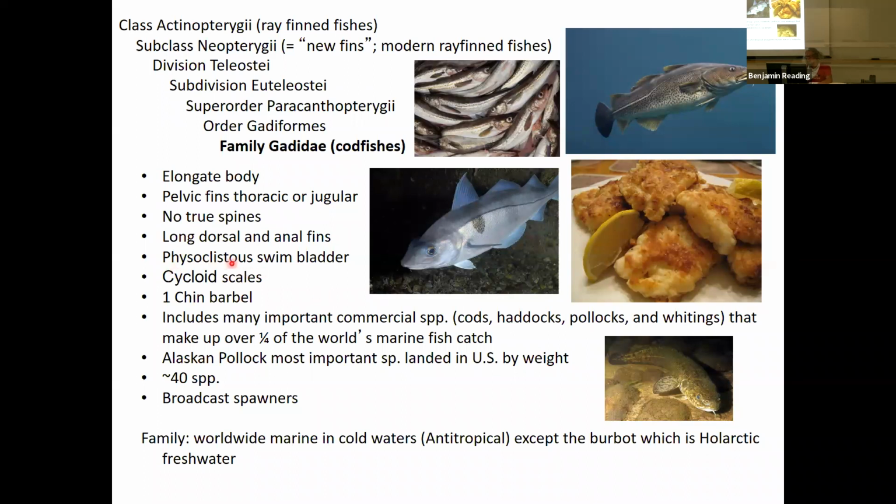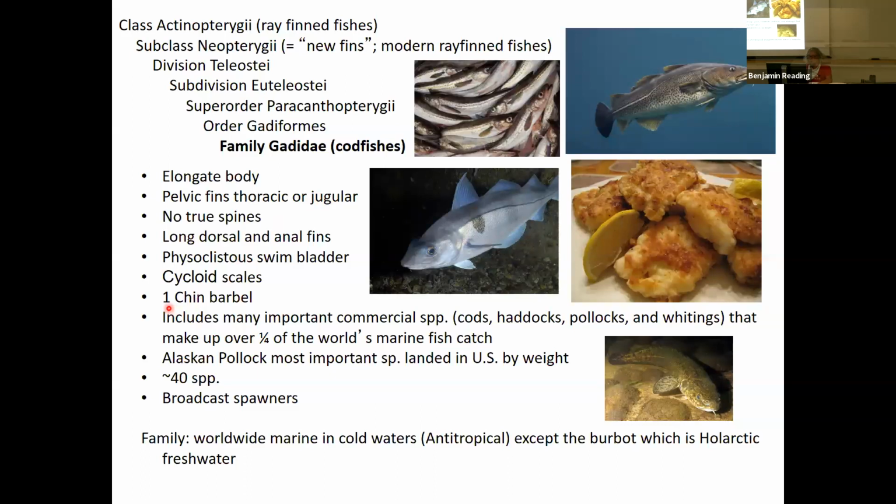They have a physoclistous swim bladder, meaning that there's no esophageal connection to the swim bladder. It fills the swim bladder using oxygen from the blood. It cannot go to the surface to fill it. There's no connection there with the esophagus. Cycloid scales, so kind of a throwback a little bit there, but we're in this sort of transitory Paracanthopterygii superorder.